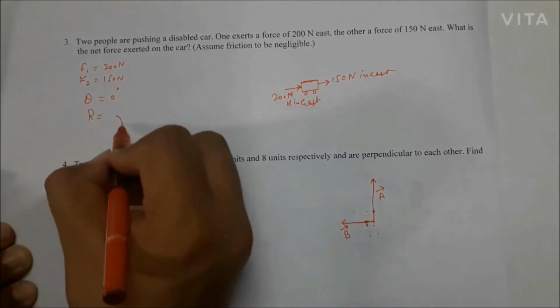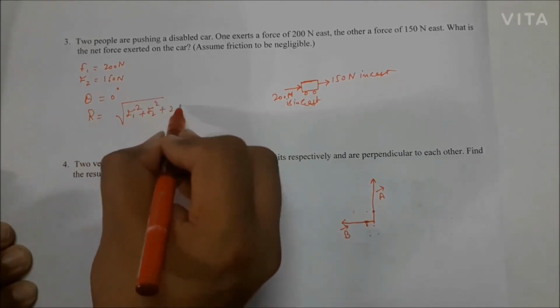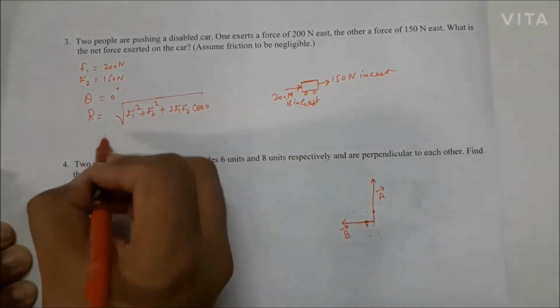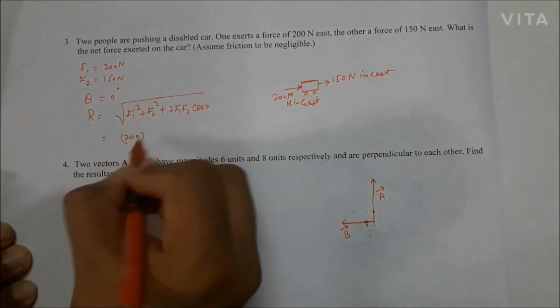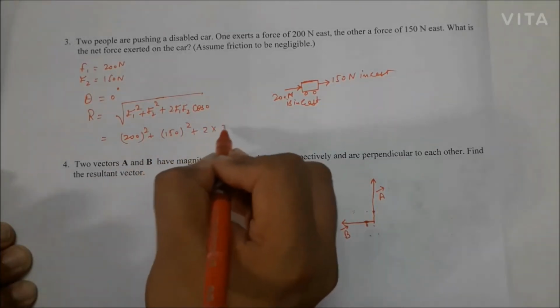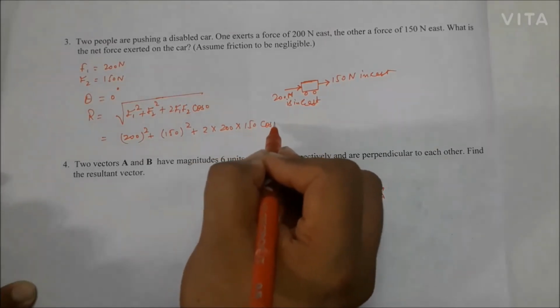Now your resultant comes out to be root of F1 square plus F2 square plus 2 F1 F2 cos 0. Your F1 is 200 square plus 150 square plus 2 into 200 into 150 cos of 0.